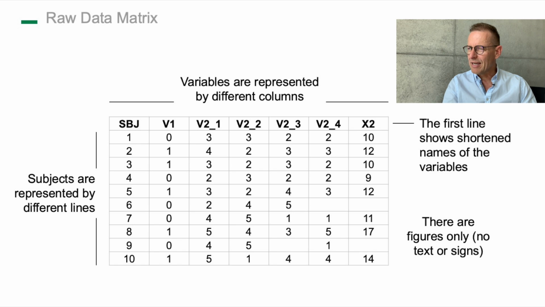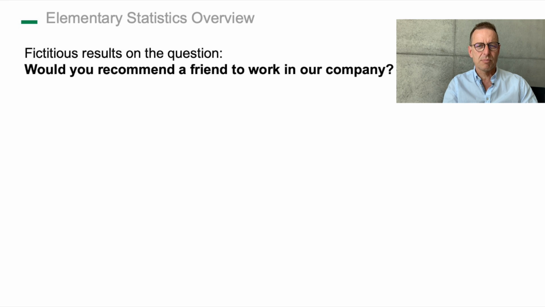So now let's look into descriptive statistics. I show you here a very simple example, and based on the example, we already can explain and understand most statistical measures. So here is a fictitious result on a fictitious question that was asked in a fictitious company in a fictitious employee survey.